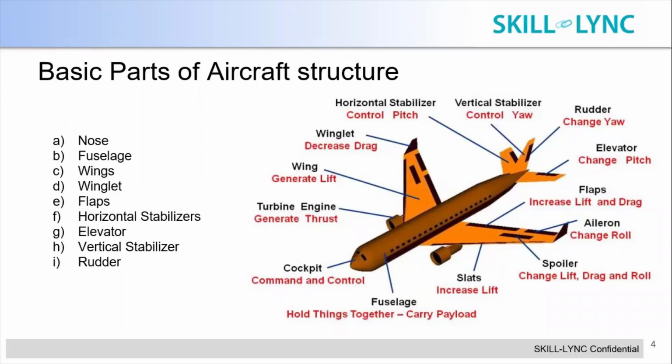There are different cross sections of these wings. Most of you might be knowing about the aerofoil sections. There are many aerofoil sections designed for the wing in different sections to achieve the required performance.